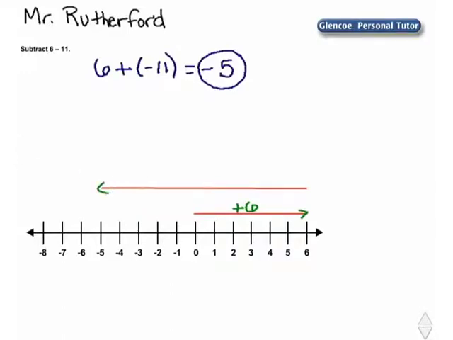And I'll indicate that with a negative 11. Notice that we finish here at negative 5. So using this check method of our number line, we got the same answer as we did when we changed it to an addition of a negative, which was negative 5.